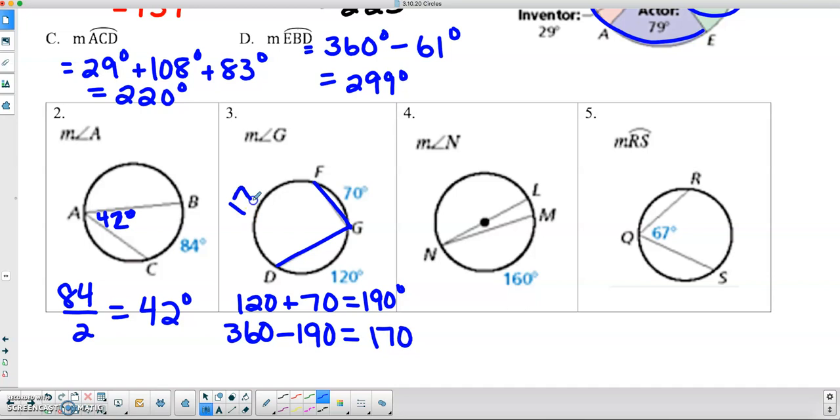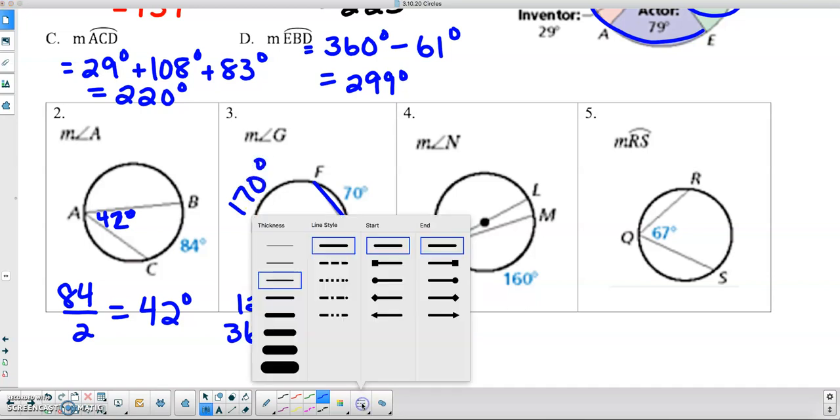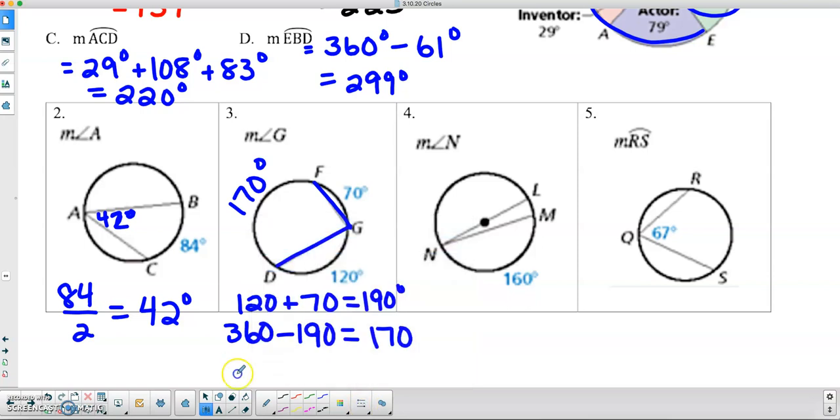So I know that this arc here is 170 degrees. And then I'm going to take that 170 and divide it by 2 to give us our angle measurement. So 170 divided by 2 is 85. Therefore, angle DGF is 85 degrees.